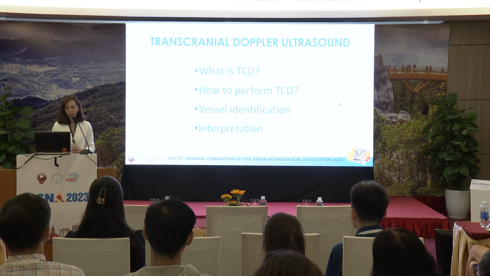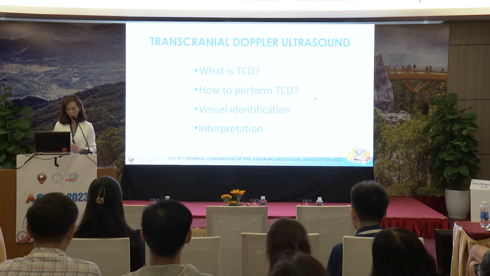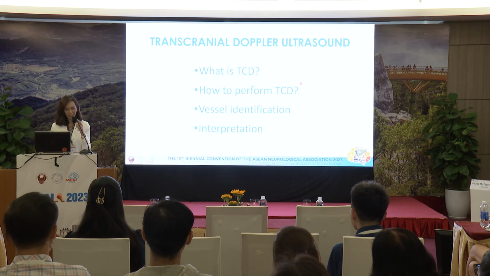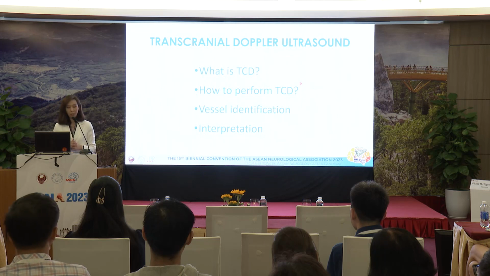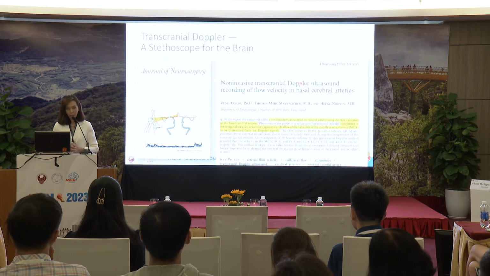If you manage to master it, we are very competent that we know what vessels we are looking at. I just want to explain what TCD is, how to perform it, which is pretty similar to TCCD, how we can identify the vessel since we don't see the anatomy, and then interpretation.